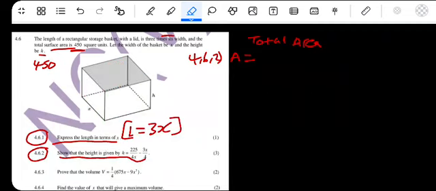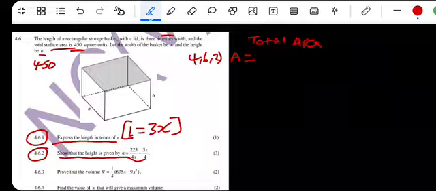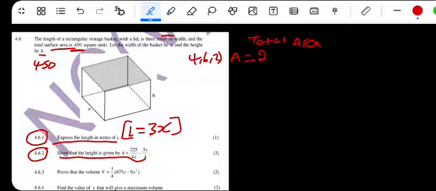Must be noted there. So since we have 2, we're supposed to say 2, right? We start with the base. We have x, but this is the length, remember.